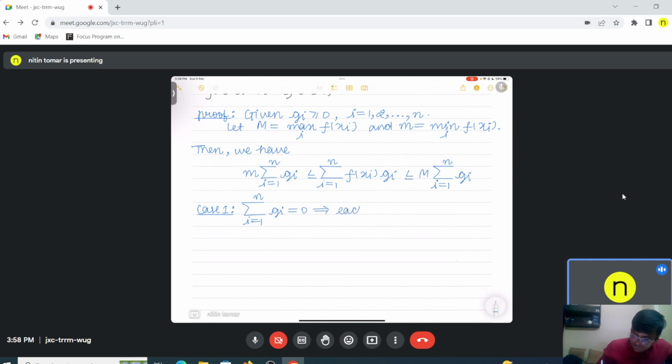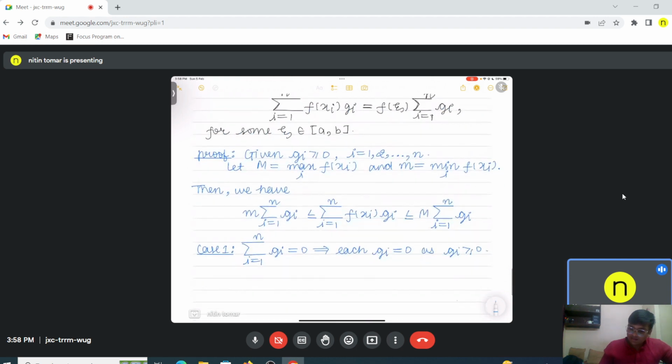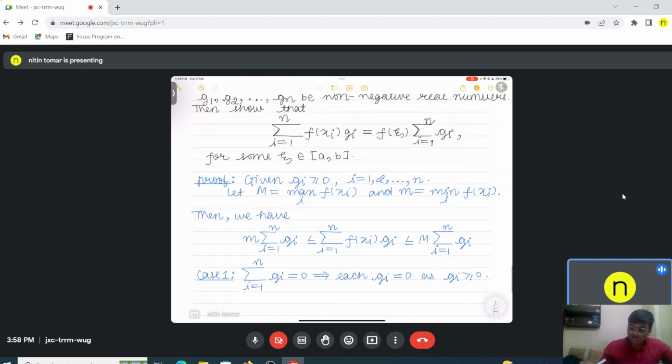Each gi will be 0, because gi is already non-negative, and if a sum of non-negative numbers is 0, the only possibility is that they all have to be 0. Then the desired conclusion is trivial, because this side will be 0 and this side also will be 0.